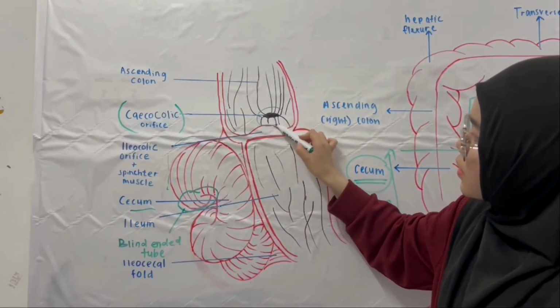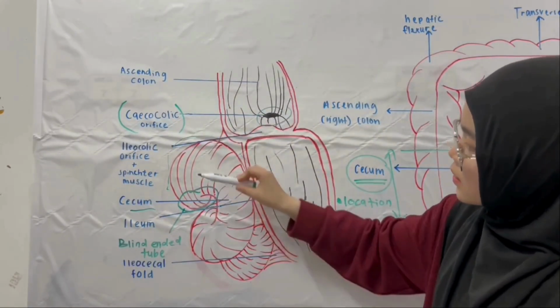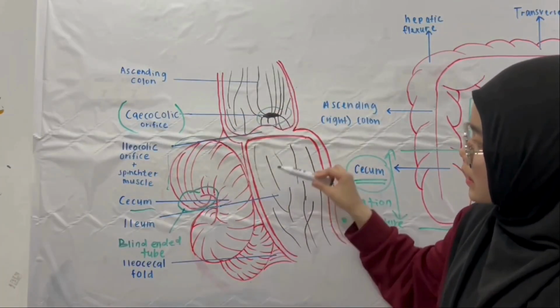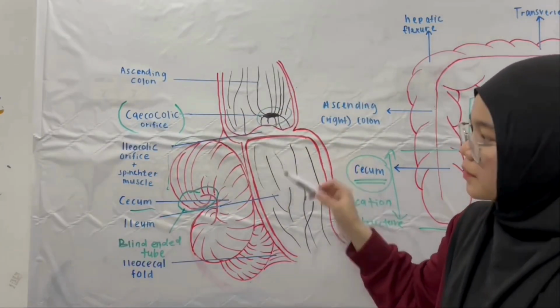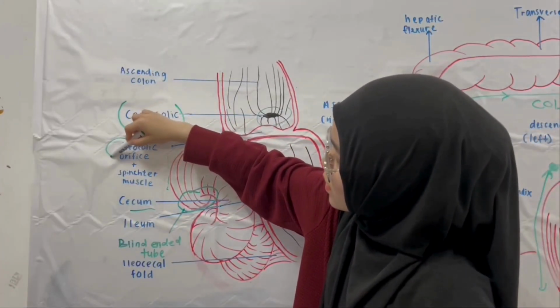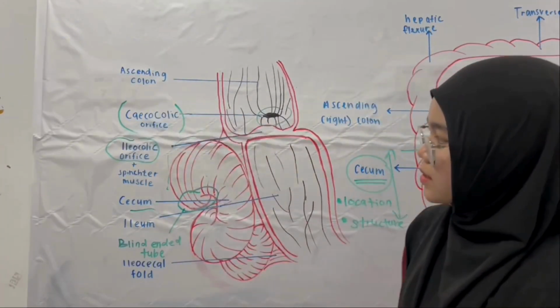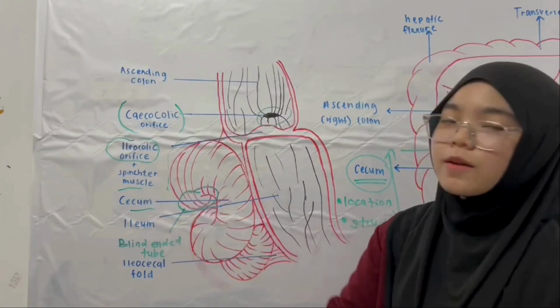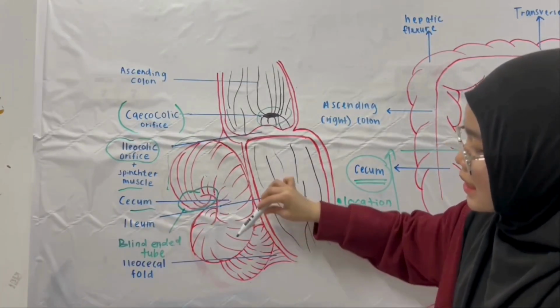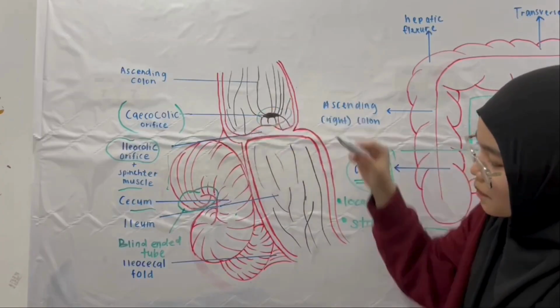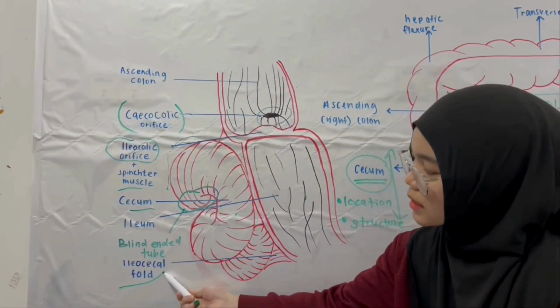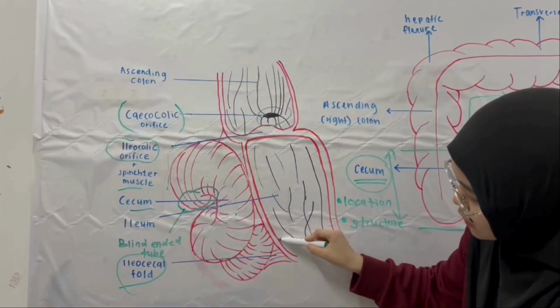You can see it's located in here. The cecum also connects with the ileum by the ileocolic orifice plus the sphincter muscle. And it's also attached to the ileum by the ileocecal fold, which is here.